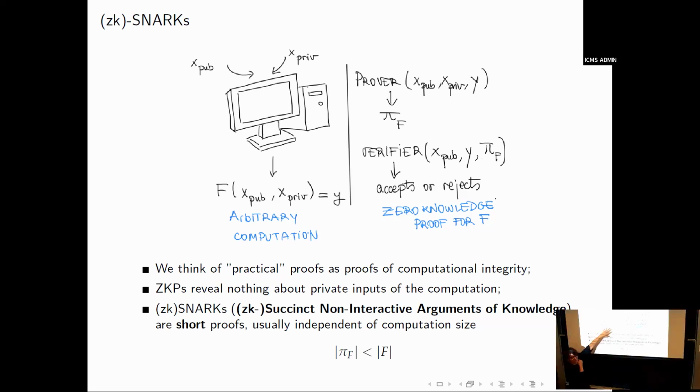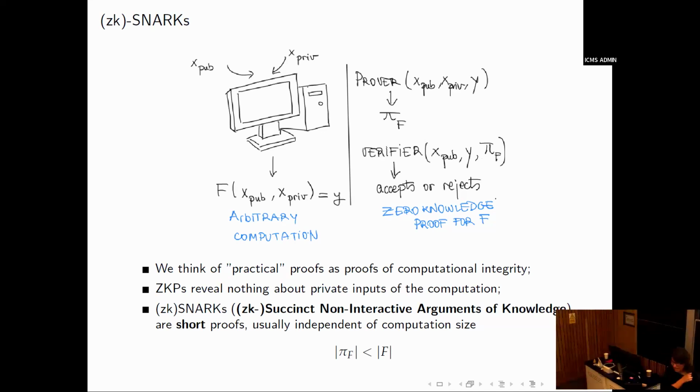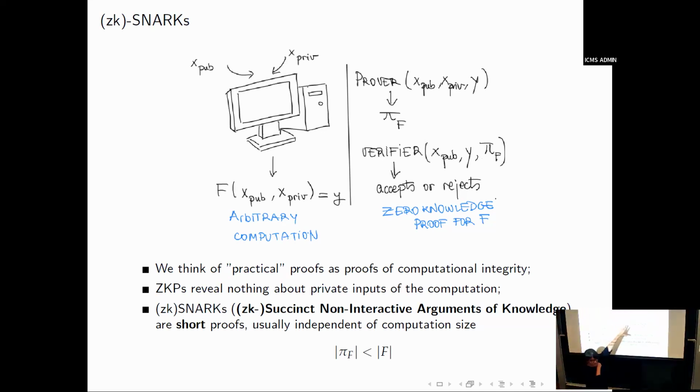We usually think of this as an arbitrary computation, typically quite big. And then what we have is a zero knowledge proof that this computation has been executed correctly. People say zero knowledge when often it's not zero knowledge, but actually they mean just a proof.